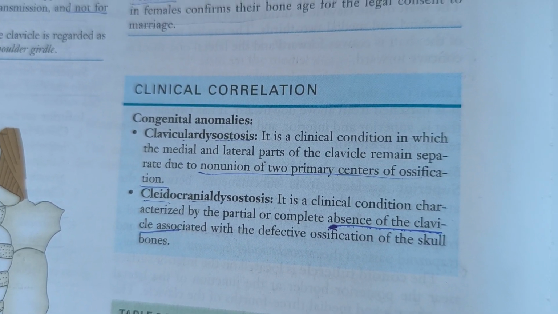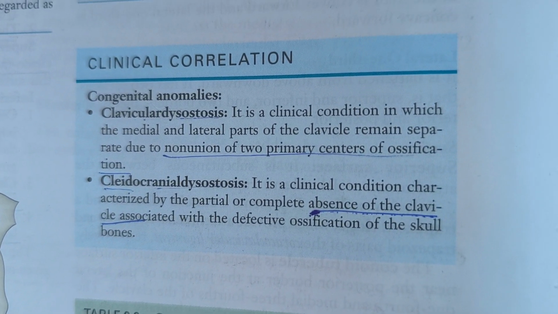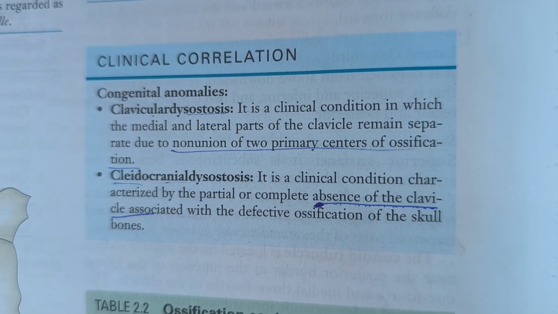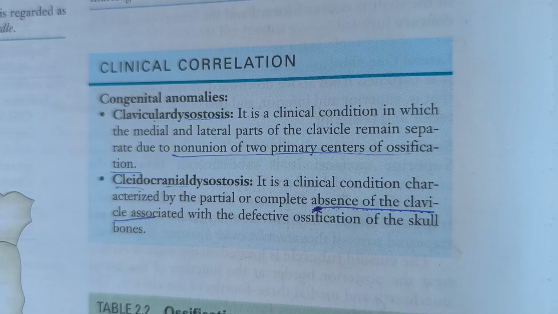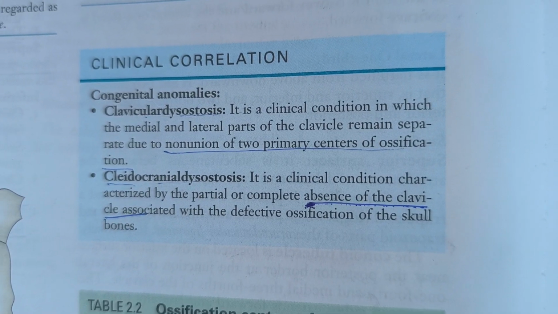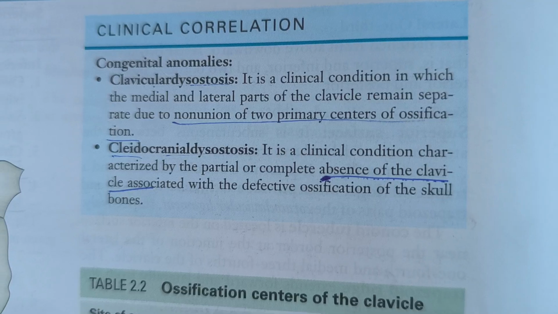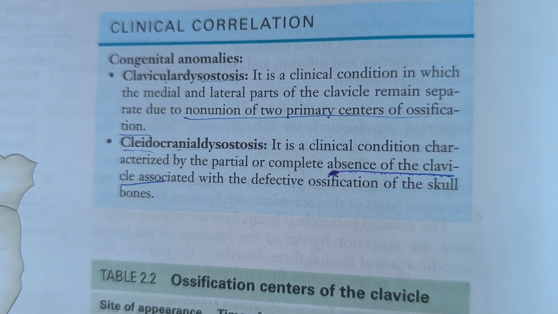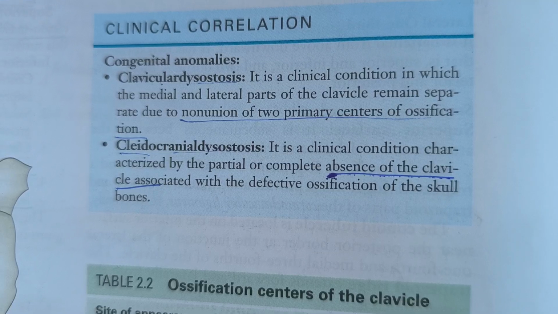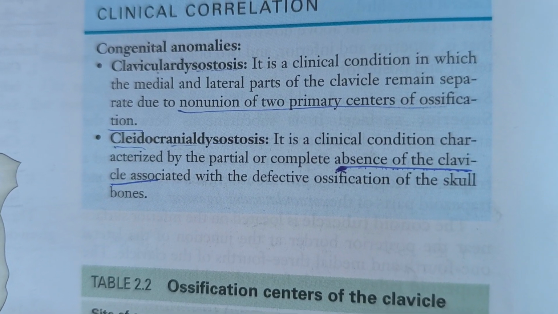Last clinical correlation: congenital anomalies, clavicular dystosis. Clavicular dystosis is a clinical condition in which the medial and lateral parts of the clavicle remain separate due to non-union of two primary centers of ossification.